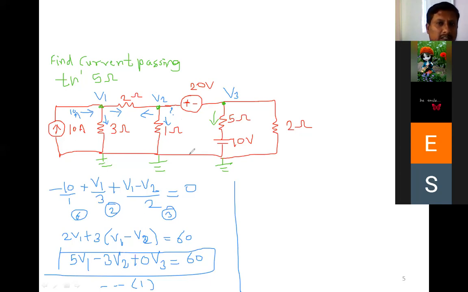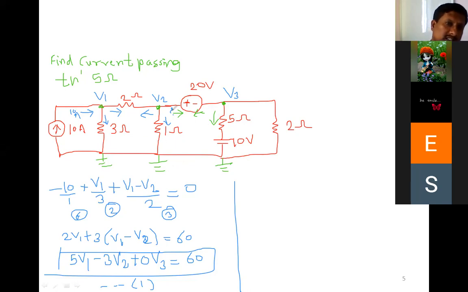Resistor, inductor, capacitor, anything? No. Then how to find out the current? Right to left or left to right? How to find out these two currents? The same current is there, only the direction is shown differently. Is any solution there?